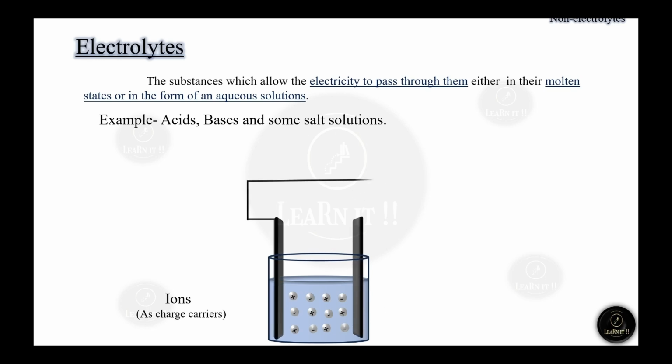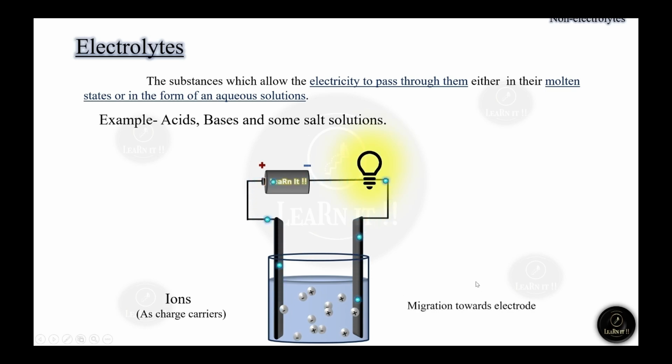When we put in electrodes connected to a battery, even though the battery is connected, the bulb is not glowing, because the presence of ions is not the only requirement for the conduction of electricity. There must be migration of ions towards the electrodes.